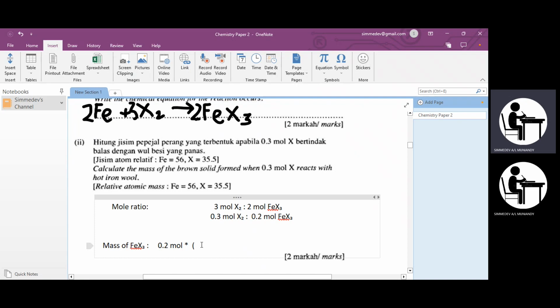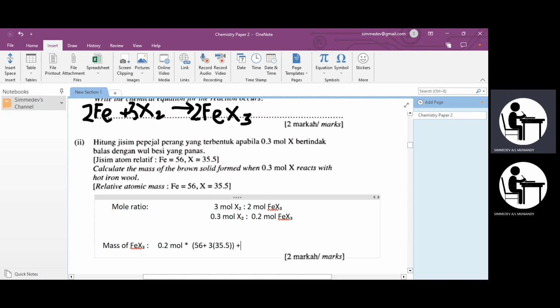So Fe is 56 plus the number of Cl, plus 35.5.